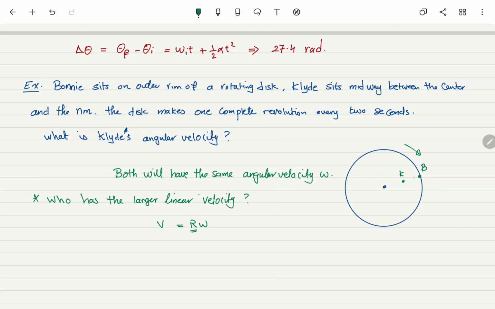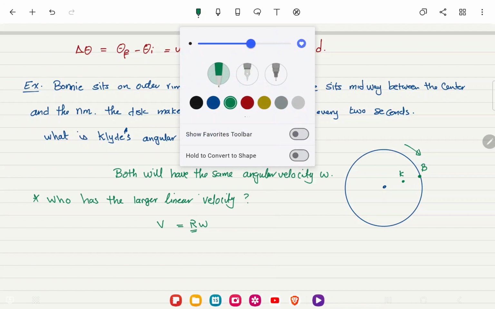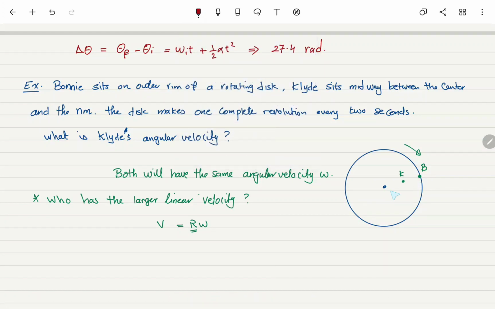Since Bonnie has a larger distance from the center, and Clyde is closer, in this case Bonnie will have larger linear speed because she is located further out in the disk. So to answer this one, Bonnie.